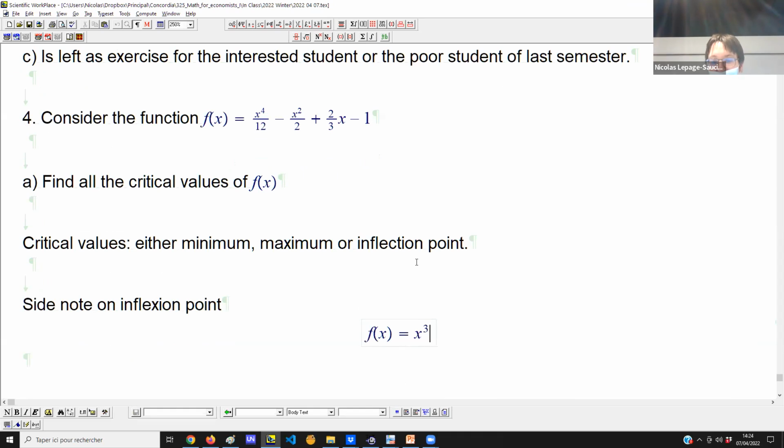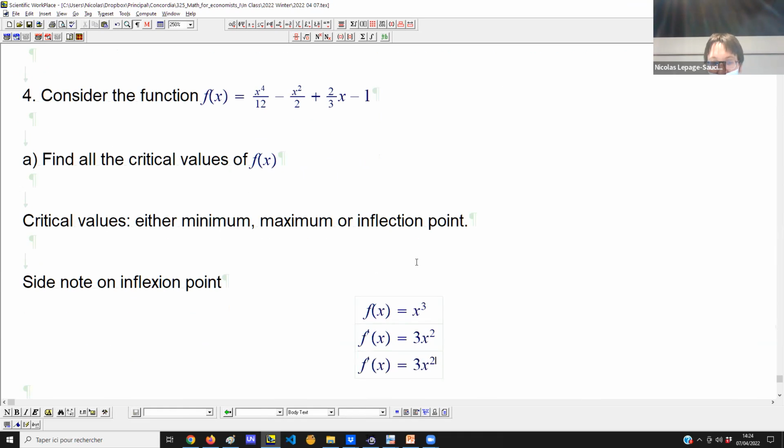So at 0, of course, the first derivative is 3x squared. And then the second derivative is 6x.